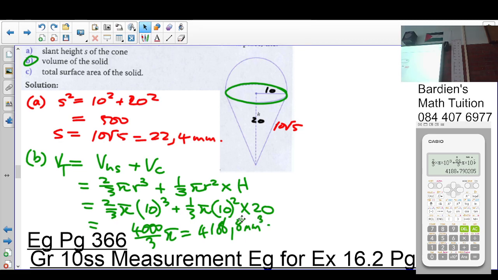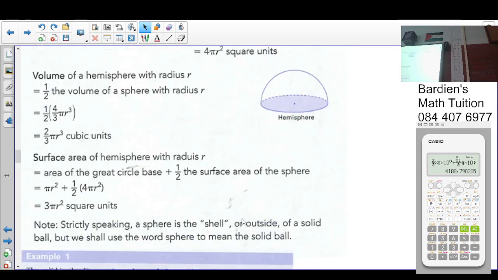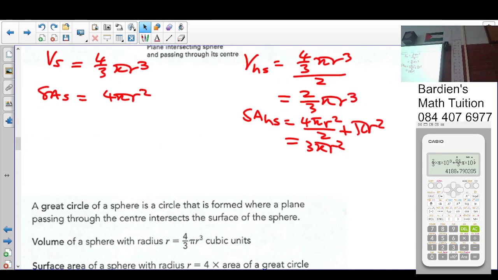Is that correct? Any confusion, people, other than dividing that by 2? Yes, 2 over 3. Just coming back to where the confusion is.